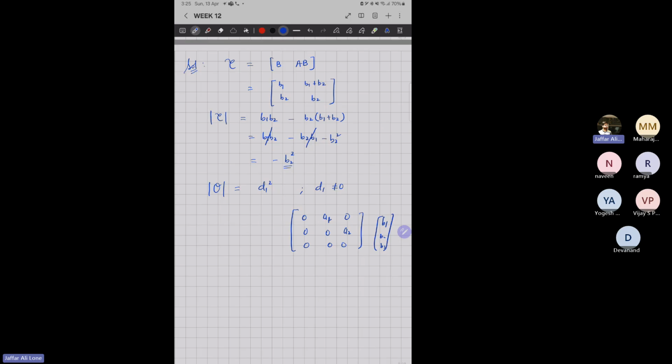Then you are asked what the different conditions on A1, A2, B1, B2, B3 are for the system to be controllable as well as observable, etc. If you have any doubt, please tell me. Otherwise, I'll move ahead and do this question which I was talking about.